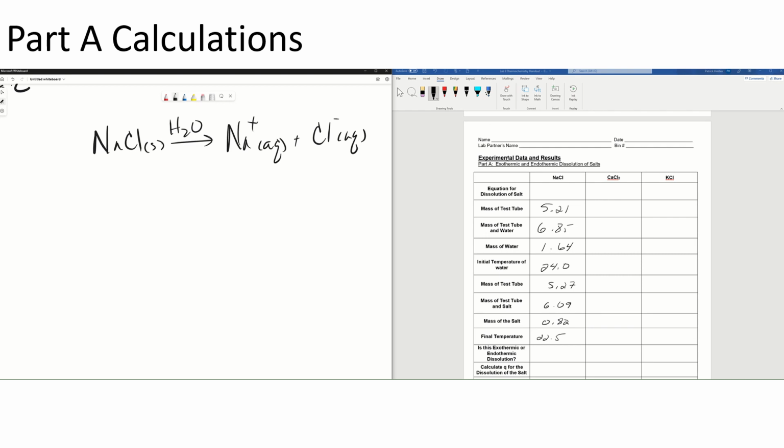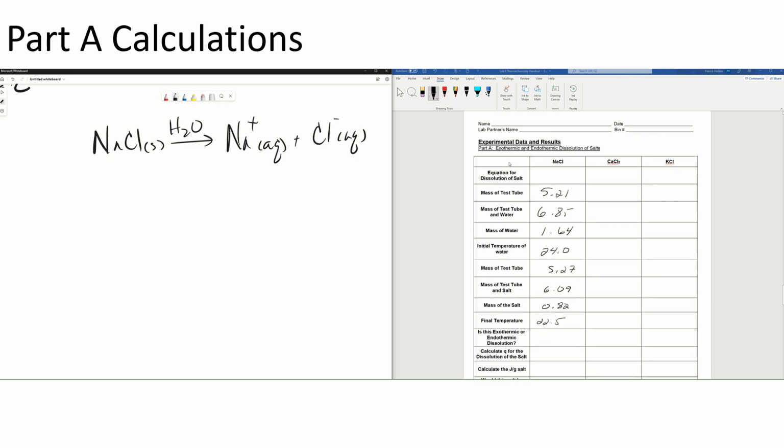So you can see here, I just have some data that was previously collected. We have the mass of the test tube, the mass of the test tube and water. The difference between these will give me the mass of the water. We have the initial temperature of the water, the mass of the test tube and the salt. The difference between these two, of course, gives me the mass of the salt.